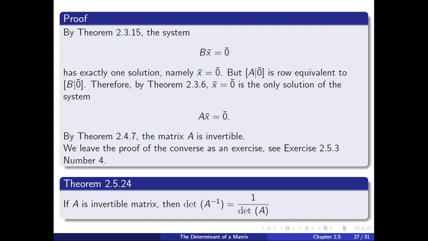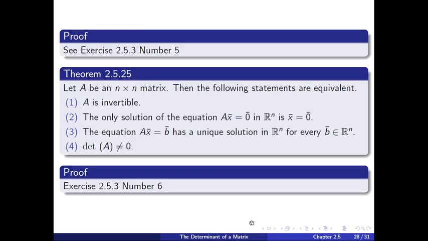We have another result on inverses and determinants, and that's theorem 2.5.24, and it says if A is an invertible matrix, then the determinant of the inverse of A is equal to 1 over the determinant of A. And the proof is also left as an exercise. That's exercise 2.5.3 number 5.